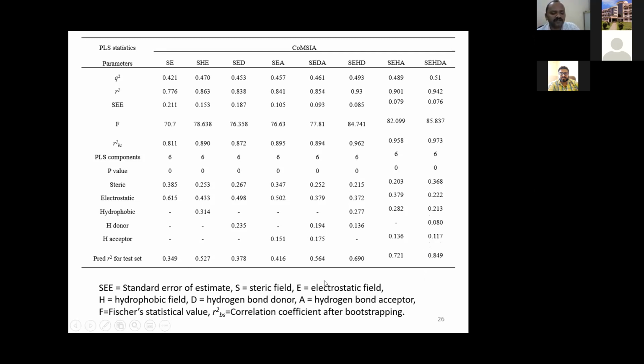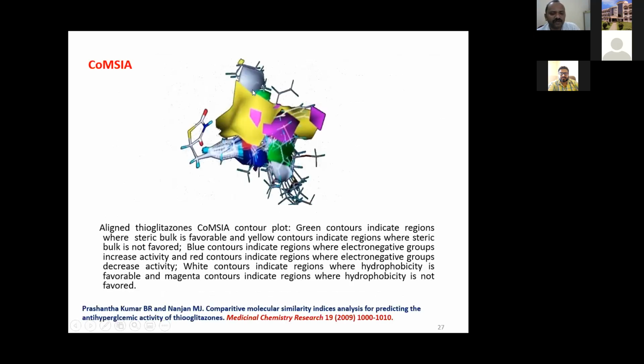Okay. So now what happens is we'll get contour maps. This is very important. Till here it is just a click of buttons in your system. But once you come to the contour maps, you need to interpret them. That means you need to know which color code favors the activity and which does not favor the activity with respect to these fields. So you need to interpret that now.